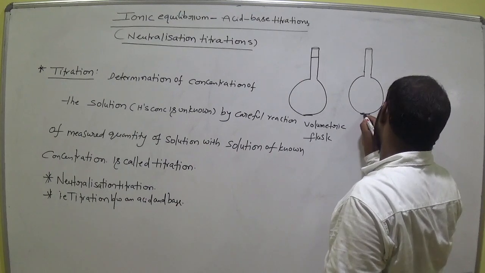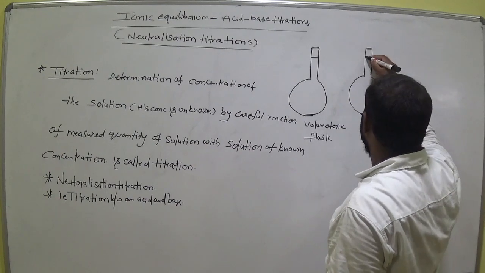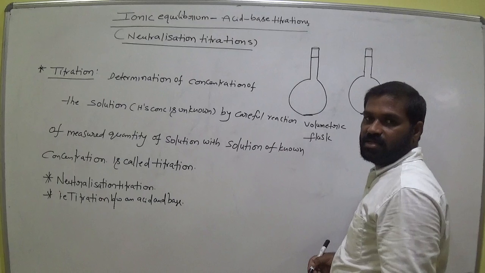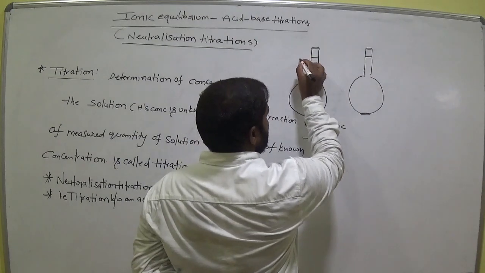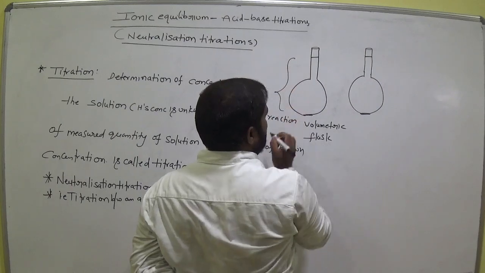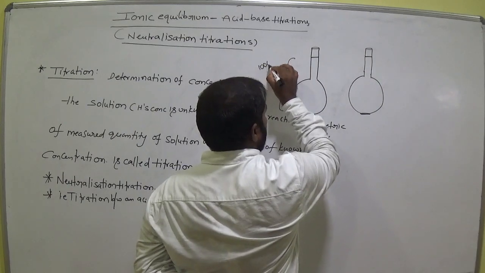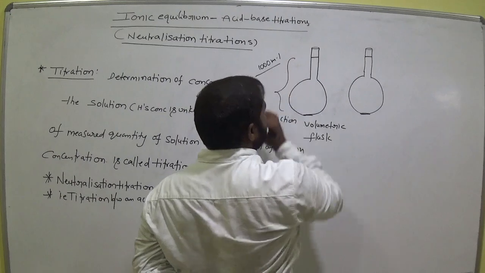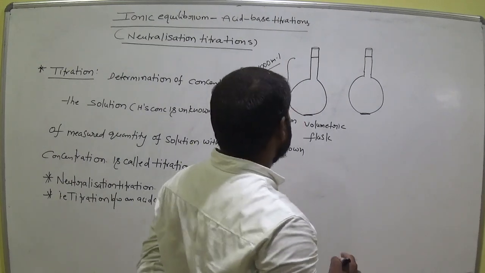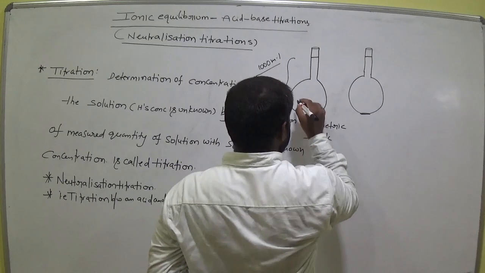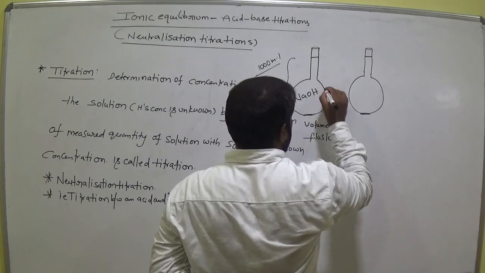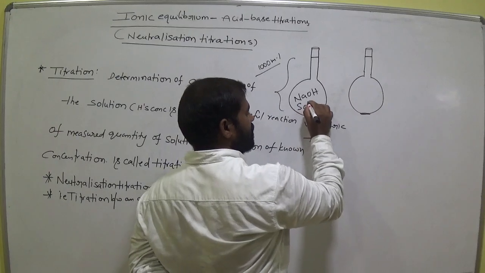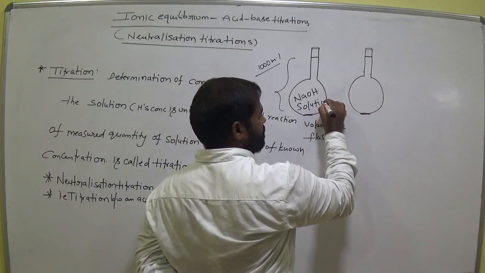Suppose the capacity of this volumetric flask is 1000 ml, and it is NaOH solution.